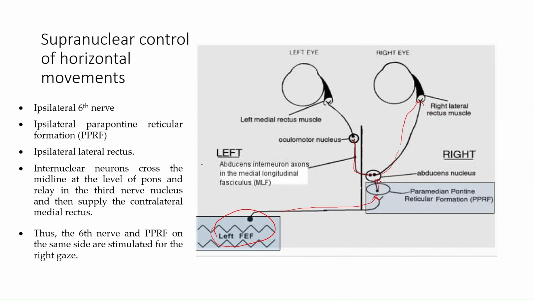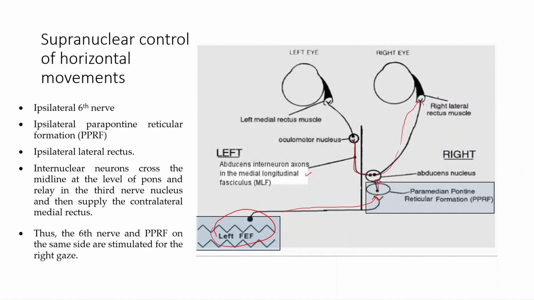Interneuron is a neuron which connects two nuclei. It crosses over to the other side and connects the oculomotor nucleus. So this interneuron, which is highly myelinated, is known as the medial longitudinal fasciculus or MLF. So this connects the abducens of the right eye to the oculomotor nerve of the left eye.